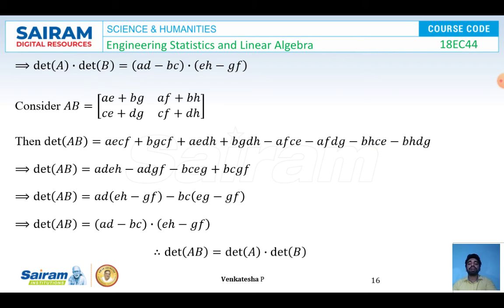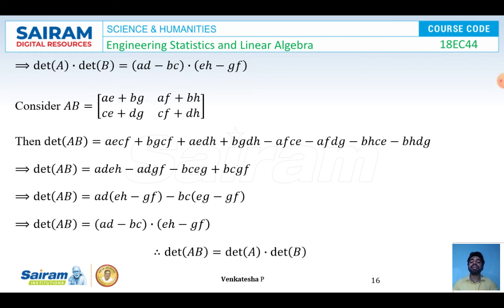After simplifying, we got ADEH minus ADGF minus BCEH plus BCGF. By taking AD common from this and BC common from this, I got AD into EH minus GF minus BC into EH minus GF. So I got AD minus BC into EH minus GF.